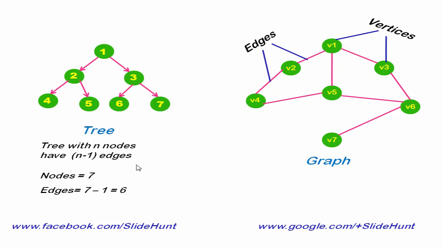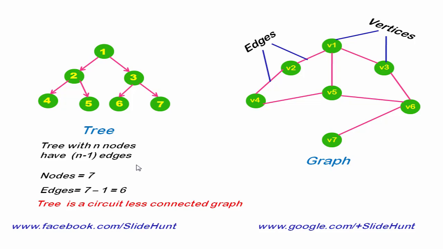But in case of a graph, there are no rules. Nodes are connected to each other in any order. So we can say tree is a special kind of graph, or we can define it as an acyclic connected graph. Here we learned some basic things about a graph.